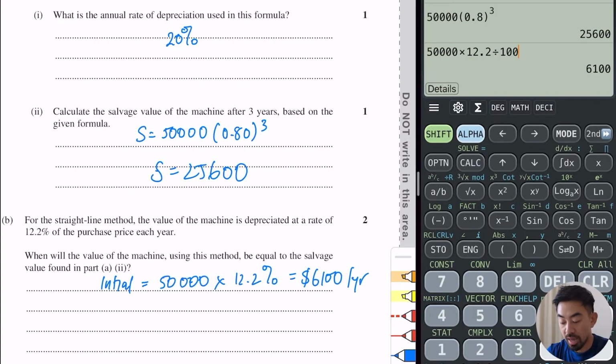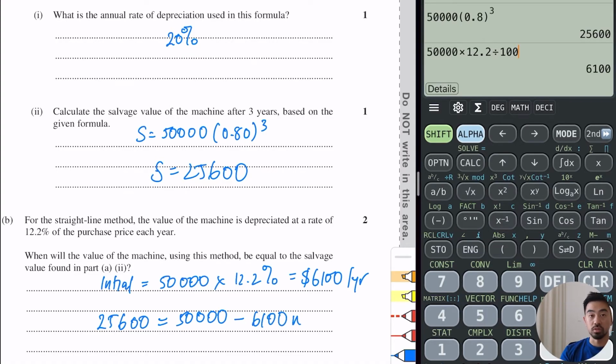And we want to know how long it's going to take to equal 25,600. Well, straight line is quite straightforward. We just want to know when our machine's going to hit that. Initially it was 50,000, and I want to minus 6,100 times the number of years it's gone down and solve it like an equation. Now I need to get this to the other side because it's negative, so I'm going to switch that position.